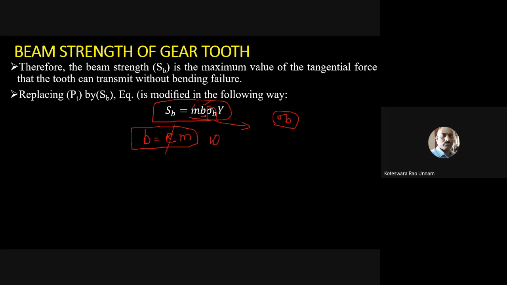So b also depends upon the module. Since m and b are the same for both gears, and sigma b is also the same, the beam strength will depend only on the factor y. In a previous class we derived the expression for y.